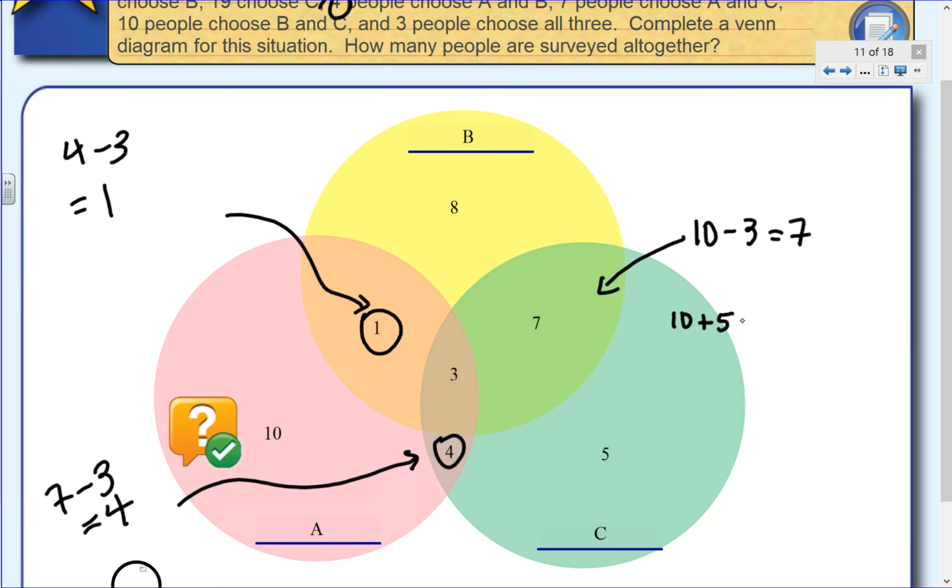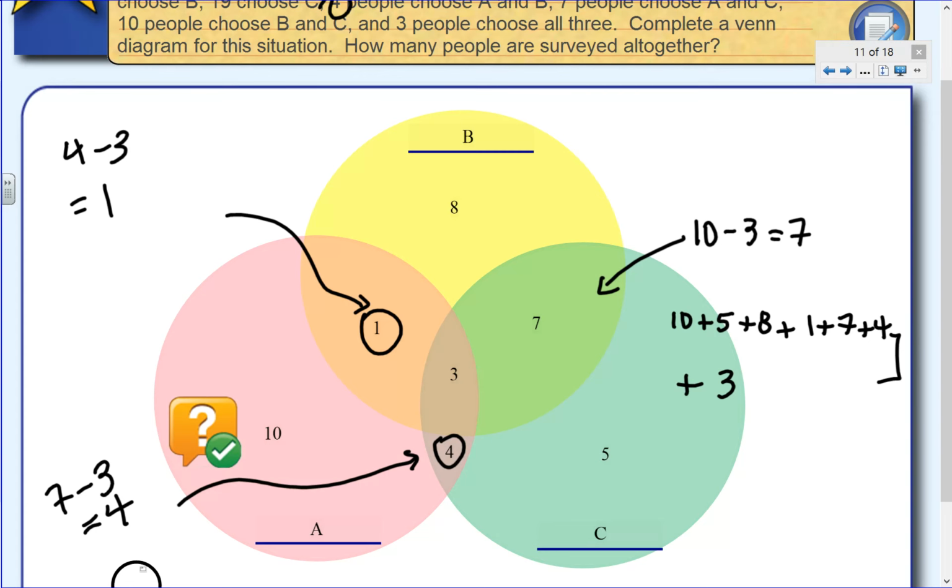So the 10 and the 5 and the 8, those who make only those particular choices of A, B, C. And then we'll look at those who are choosing both. So we end up with plus 1, 7, and 4. And last but not least, I'll just drop down a line and add on the final value of 3, which comes through the intersection of all 3.